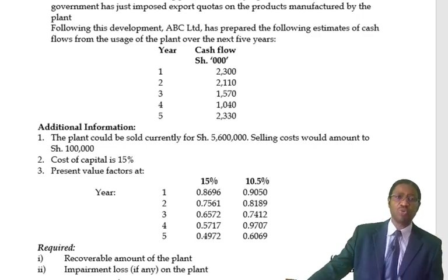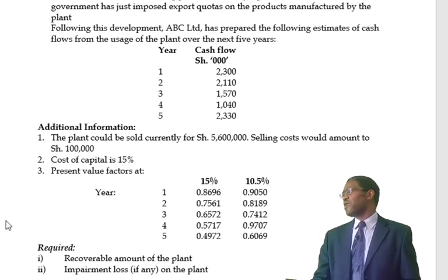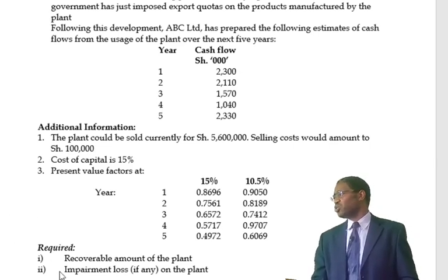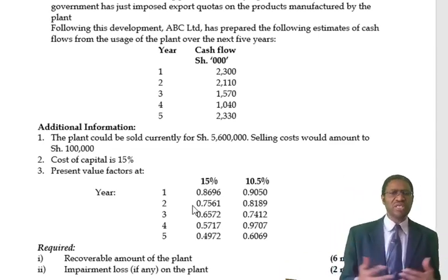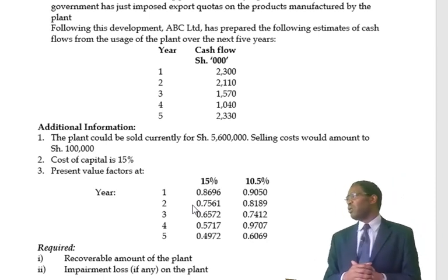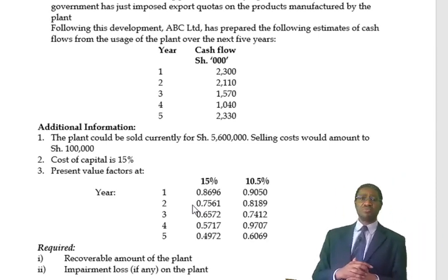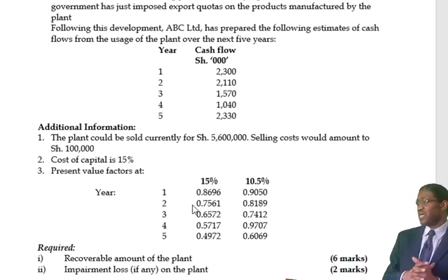Now we want to go to part 2 of the question. Part 2 told you to compute the impairment loss, if any. Do you think our plant has suffered an impairment loss?